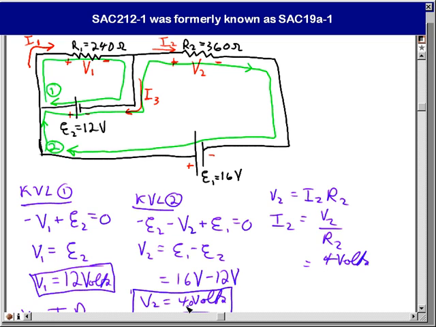But actually, it's only good to 1 sig fig, the difference between those two. So 4 volts divided by R2, that's 360 ohms. I really only know the voltage to 1 sig fig, so I'll write the answer down to 1 sig fig. I get 0.01 amperes.